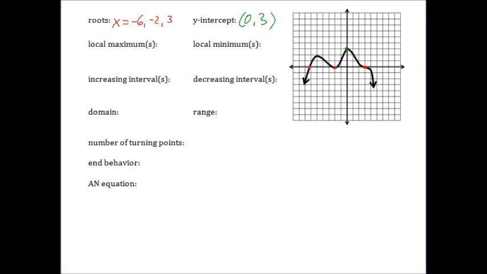Local maximums first. We have 1 at negative 5, 2, and 1 at our y-intercept 0, 3. Negative 5, 2, 0, 3, and only one local minimum at negative 2, 0.